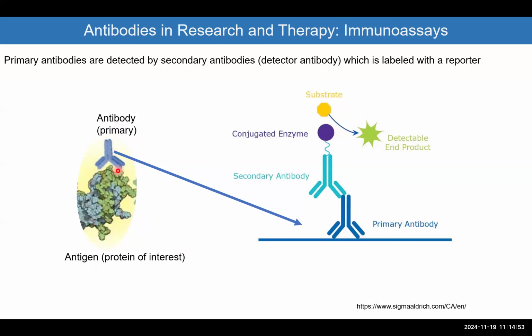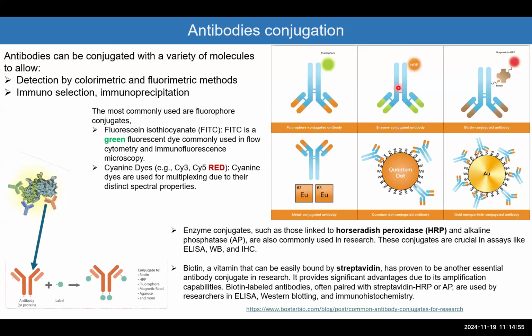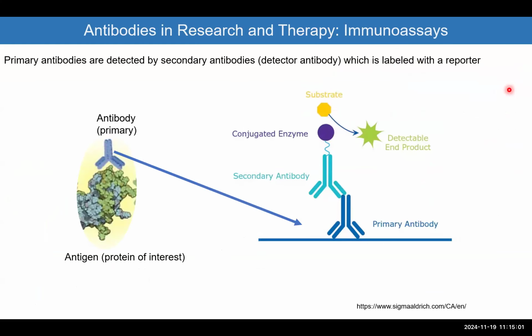Now, given the fact that I have different conjugated types that I can use, don't forget that an antibody can still detect another antibody. And this is very, very important to remember, because my primary antibody here is binding to the protein of interest, okay?